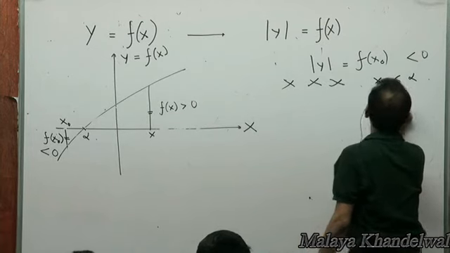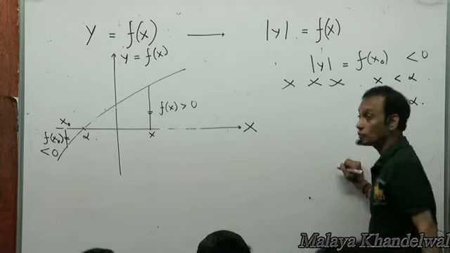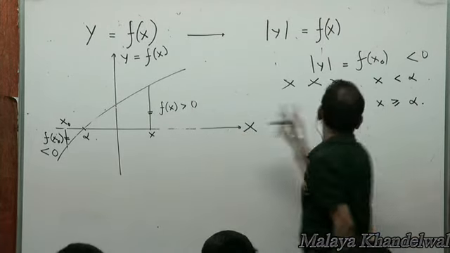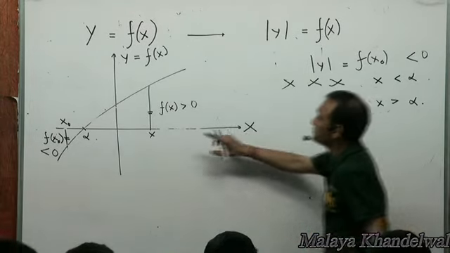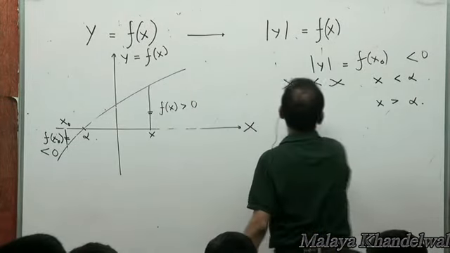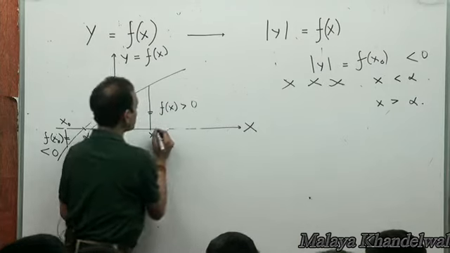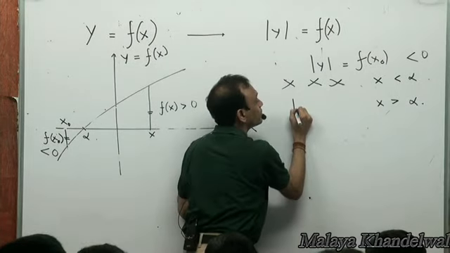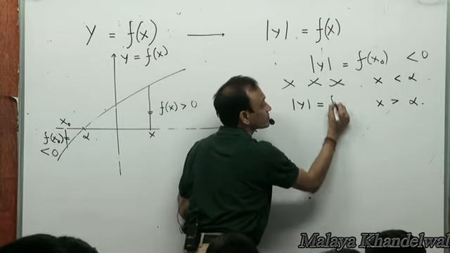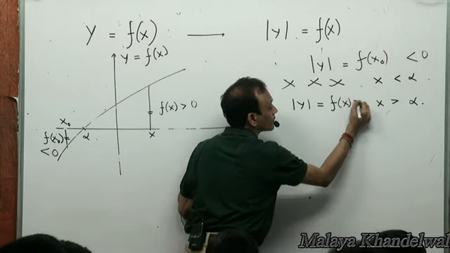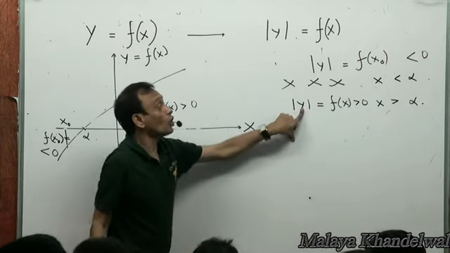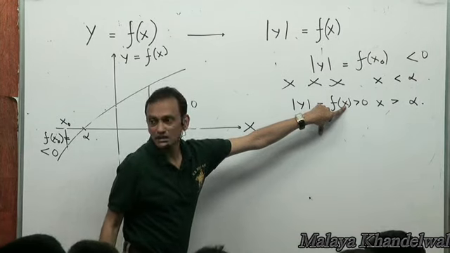For x greater than or equal to alpha, let's say x greater than alpha, for example, f(x) is greater than 0. Then mod y equal to f(x), which is greater than 0, would cause y to be plus f(x) or minus f(x).